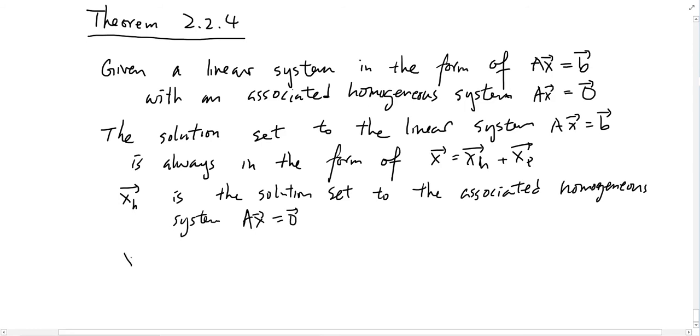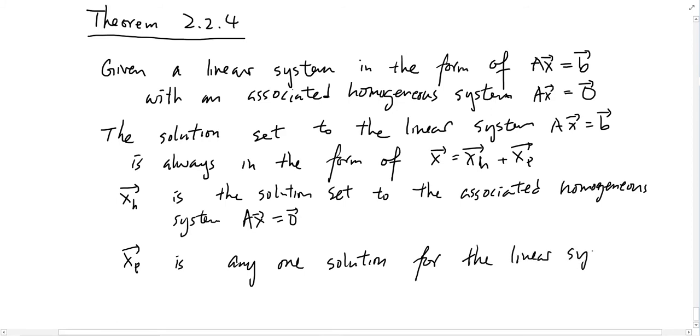And what is vector x sub p? The letter p here stands for a particular solution. So what is vector x sub p? x sub p is basically any one solution. It doesn't matter which one. Any one solution for the linear system A vector x equal to b.